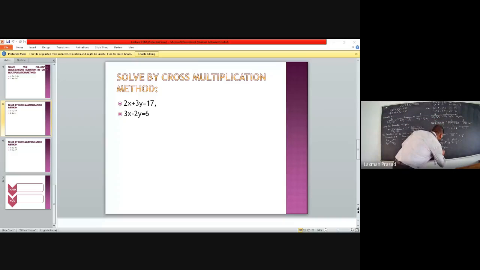And then y minus 39, 1 upon minus 13. Again minus minus cancels. 39 divided by 13, it's 3. Okay. So the value of x is 4 and the value of y is 3.